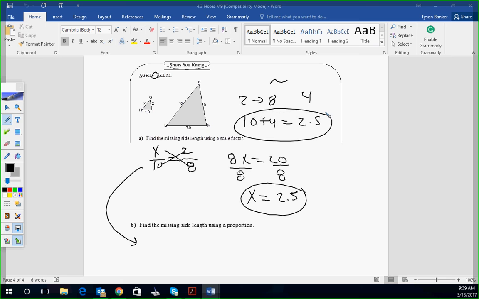That's how you do it, the scale factor. This right here is the proportion way. I set up the proportion. We know that it goes 2 to 8, so the scale factor is 4. If I have 10, to undo a scale factor, I divided it by 4, and I got 2.5 again. So it's just the same thing.